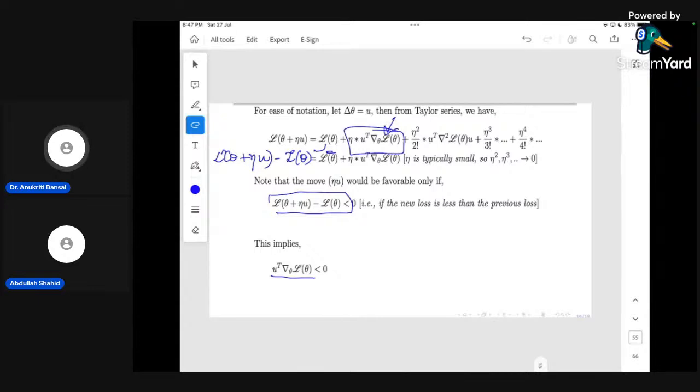Since eta is very small, this is a scalar quantity, a positive and very small value. So I can say that u transpose times the gradient of my loss is also less than 0.